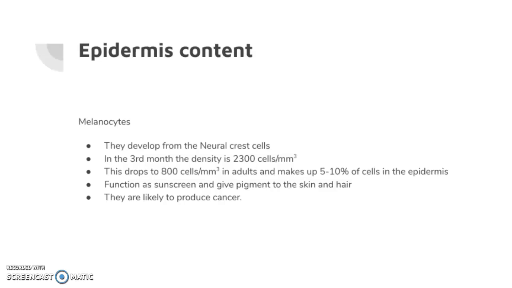Something that's really interesting is that, like it says here, in the third month of development, the density is 2,300 cells per millimeter cubed, and then it drops to 800. Although this isn't exact, we don't know why this happens, but some of the speculation out there is kind of along the same line as PCGs and other things we've learned, that they're trying to root out the weak, trying to find the most fit cells to do the job, because these cells are very likely to produce cancer.